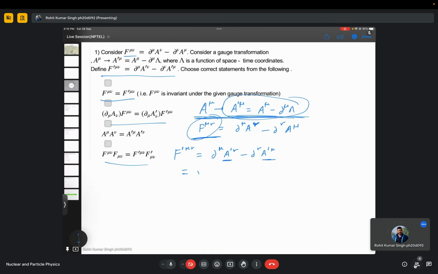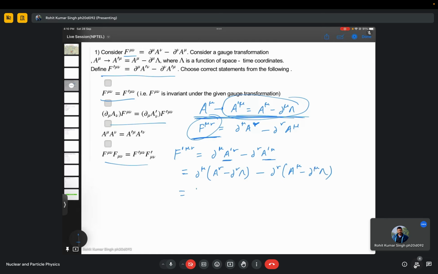Here the index is nu, so we will replace everywhere nu, and here the index is mu, so we'll write mu. Okay, this is fine.